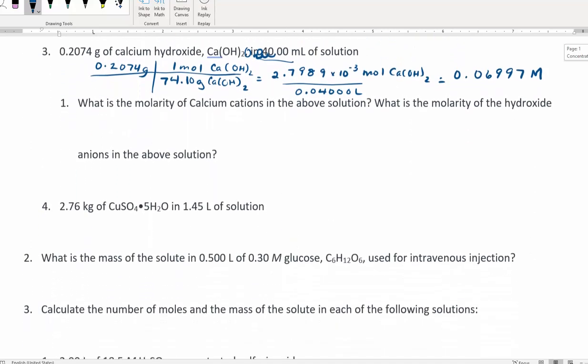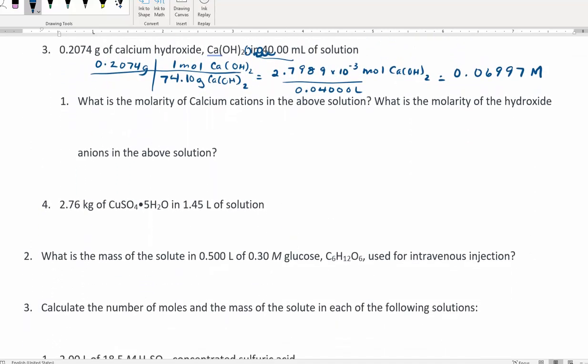What I want to do now is find the molarity of the calcium cations in the above solution as well as the hydroxide anions. And that is using the stoichiometry of the chemical formula. There is 1 mole of calcium cations for every 1 mole of calcium hydroxide.